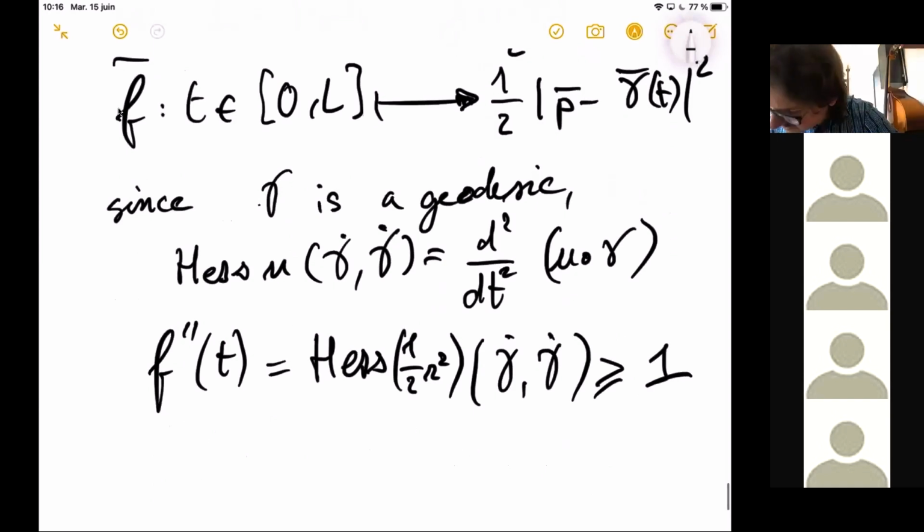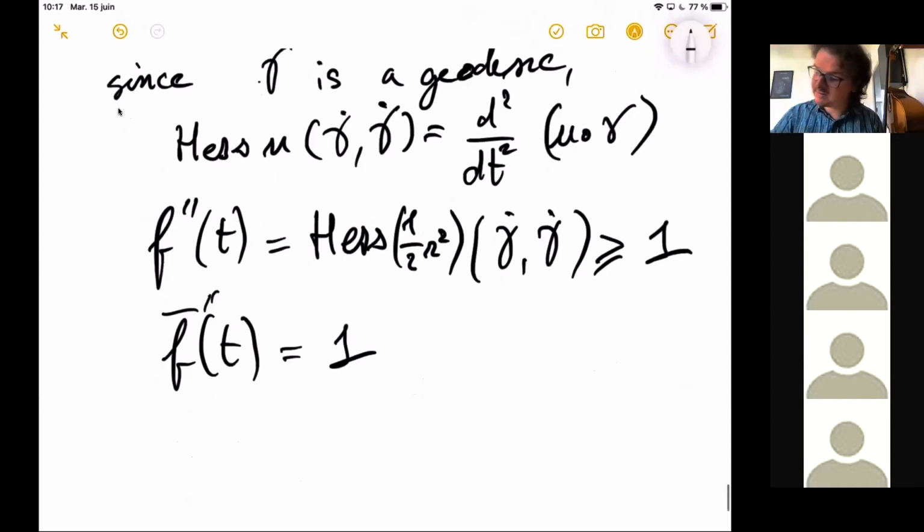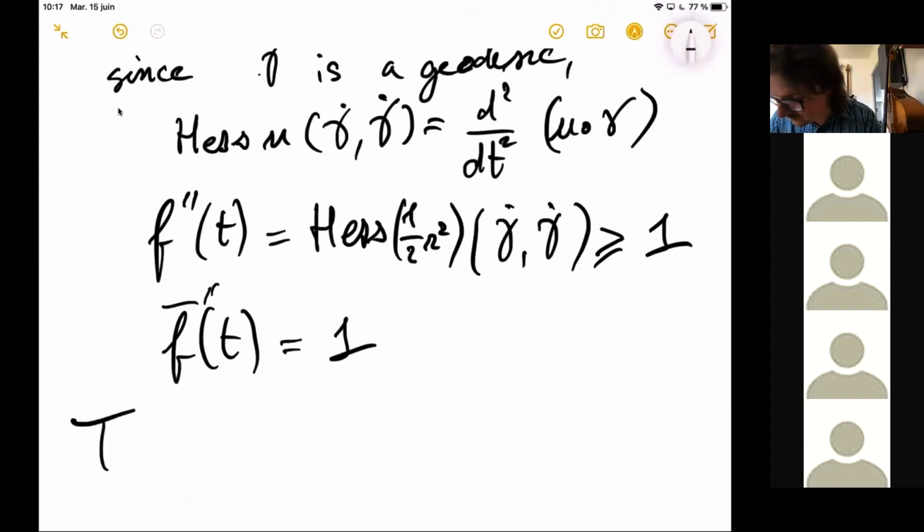Now f bar of t, if I differentiate it twice, well, you're differentiating an inner product like that, you will see that it's constant equal to 1.